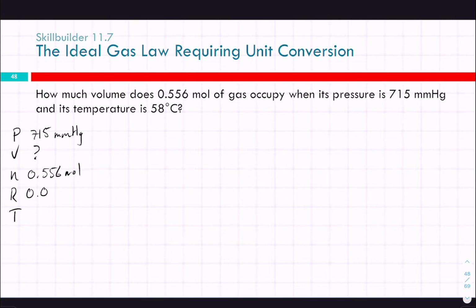R is always 0.0821 atmosphere liter per mole Kelvin. Temperature is 58 degrees C. So can we plug the numbers in?